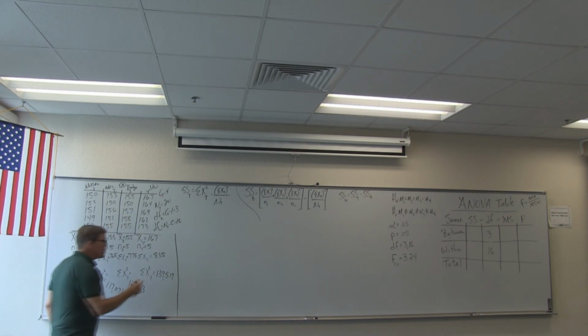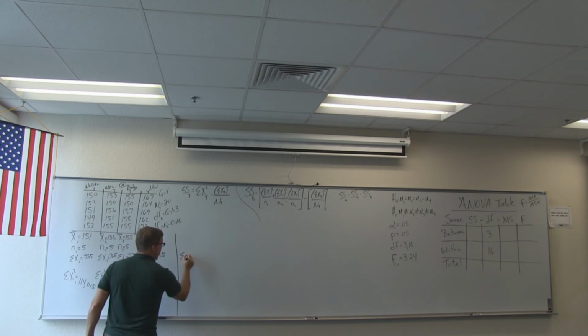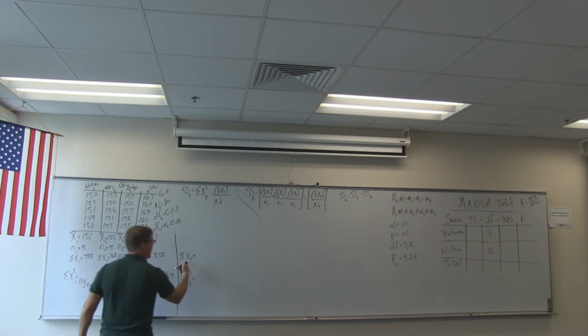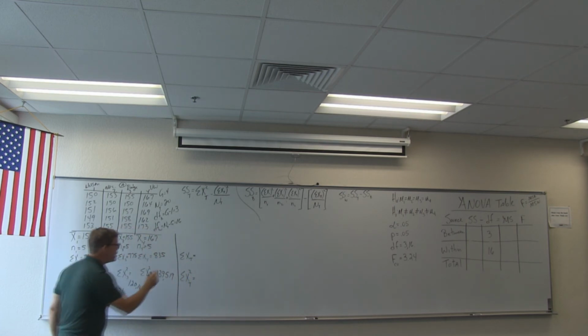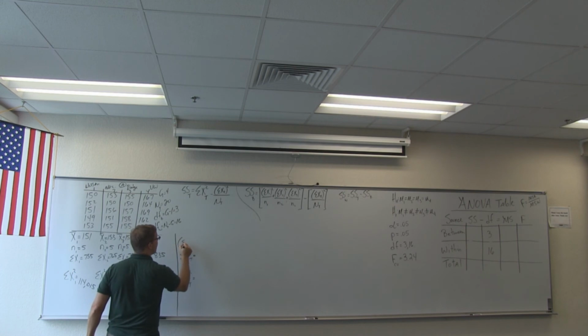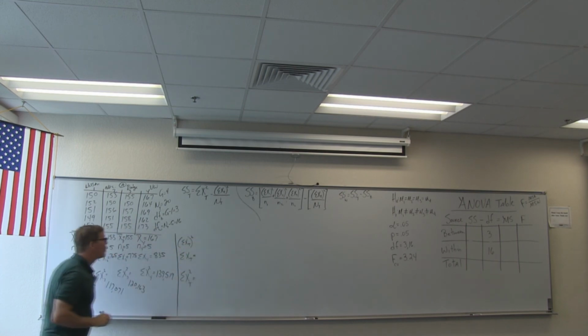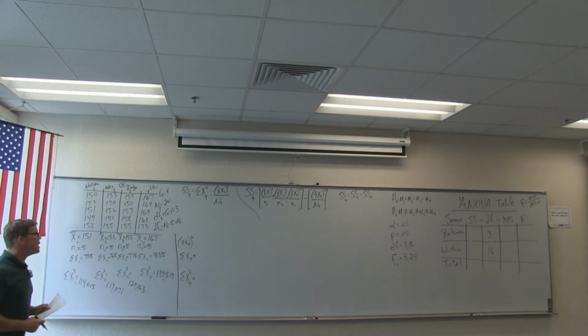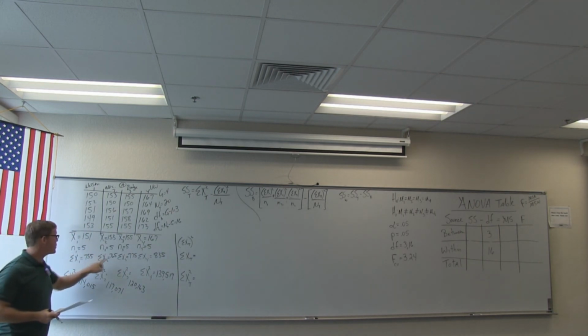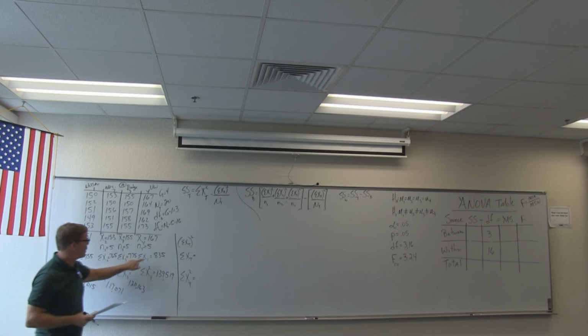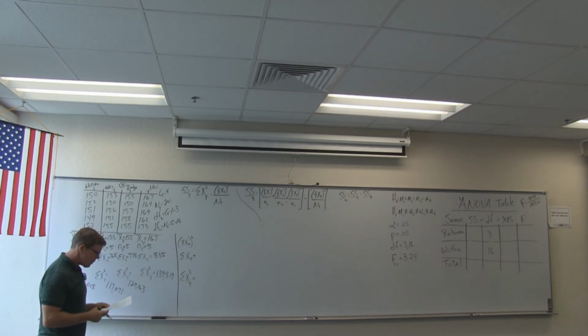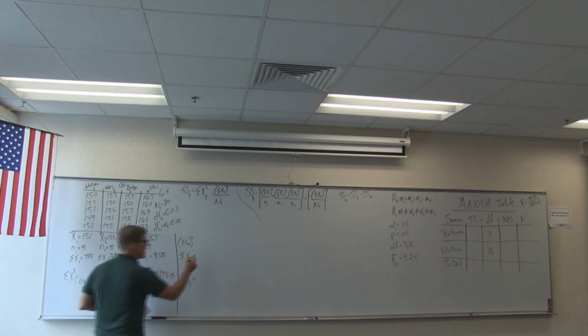Now we bring everything over to summation totals. We do a sum x total, a sum x squared total, and then we take this quantity sum x sub t and square that. Sum x sub t, this plus this plus this plus this gives us sum x sub t of 3130.